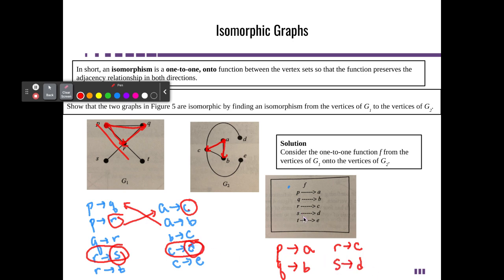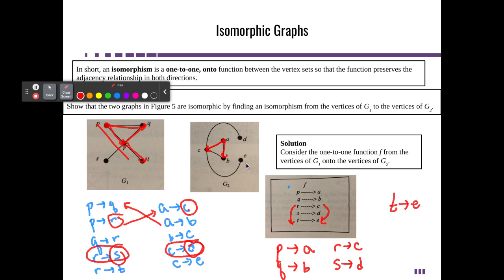And then last but not least, we have R goes to T. And if R goes to T, then that means that we would have C going to E. And so we have a connection between T and E in this particular case.